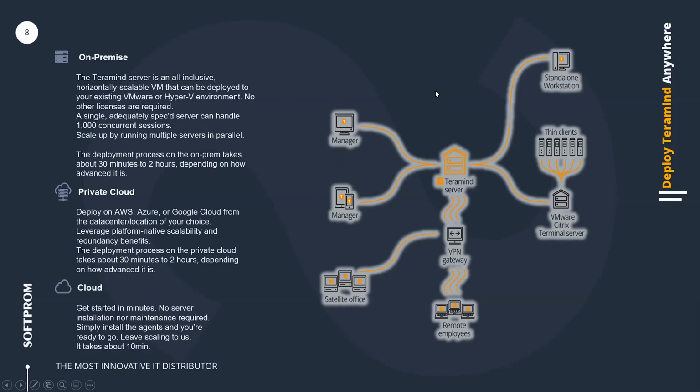For private cloud, you can use your private Amazon cloud and we install it there. It takes about the same as on-prem, but it will be on the cloud. The cloud version takes maybe 10 minutes.